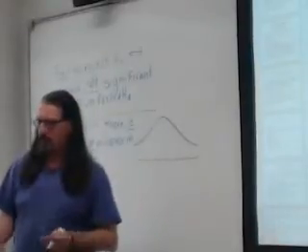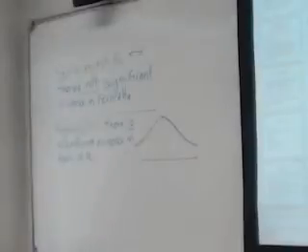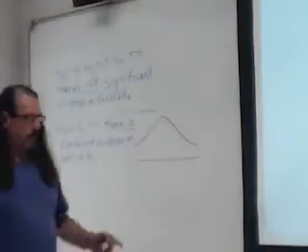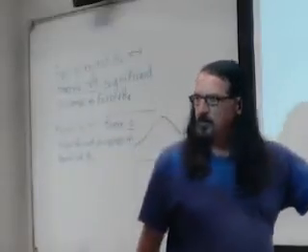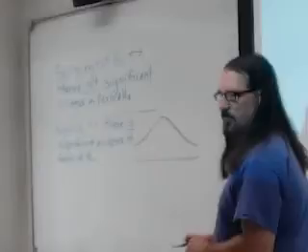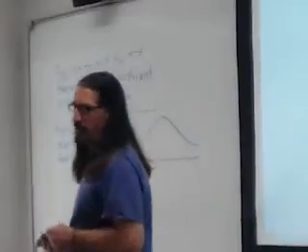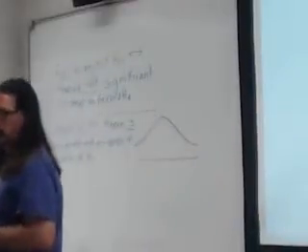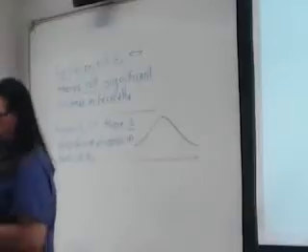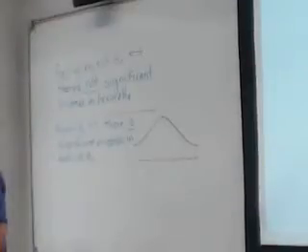Think about what we had on table C, right there. As we get bigger Z stars, what happens to the probabilities for either a one-sided test or a two-sided test? They're decreasing, okay?